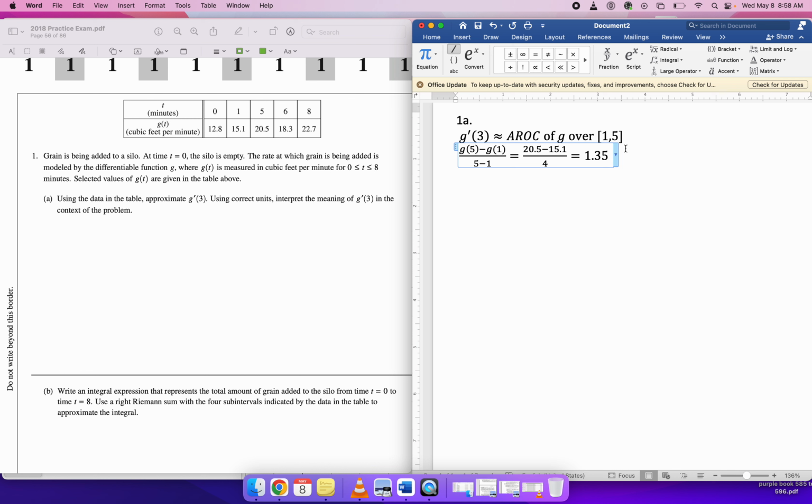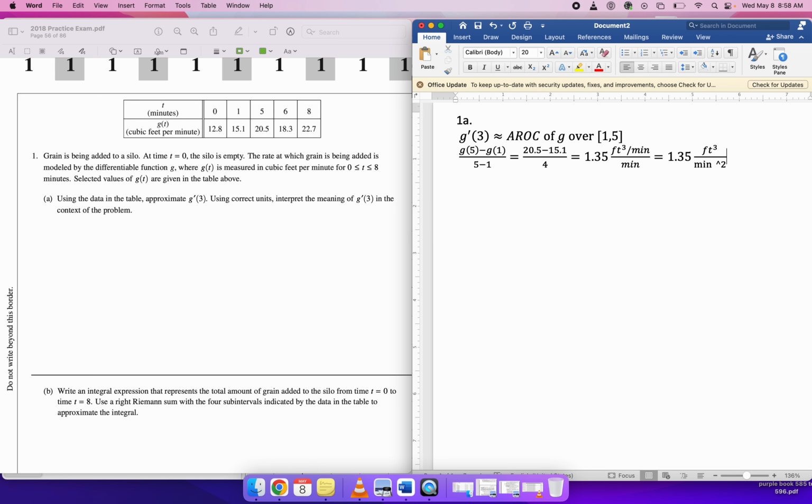As I said, the units of g itself are already measured in cubic feet per minute, and then dividing by time again, it's cubic feet per minute per minute. If you like, you could simplify this as cubic feet per minute squared. So that would be the units, cubic feet per minute squared.